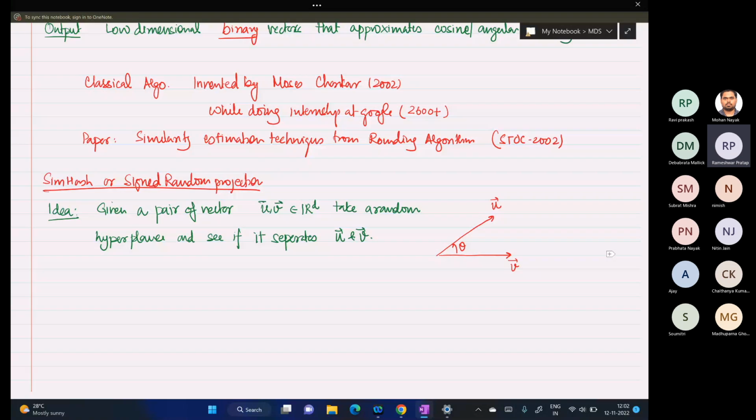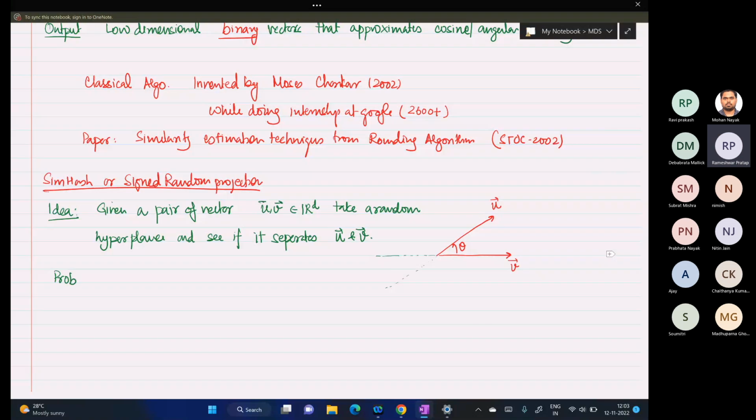For simplicity, we focus on the first two coordinates.